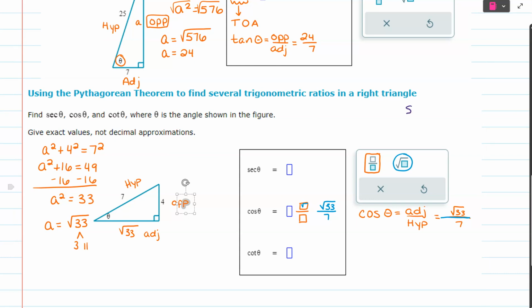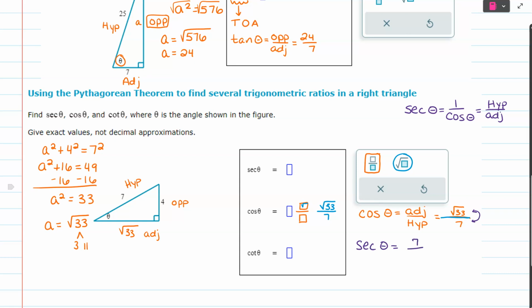So the secant of an angle is the reciprocal of the cosine of the angle. So if cosine is adjacent over hypotenuse, secant is hypotenuse over adjacent.